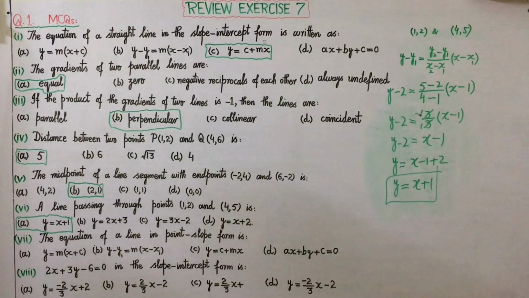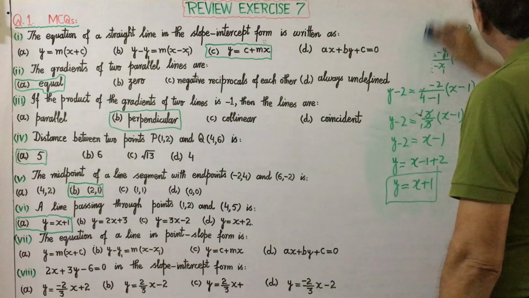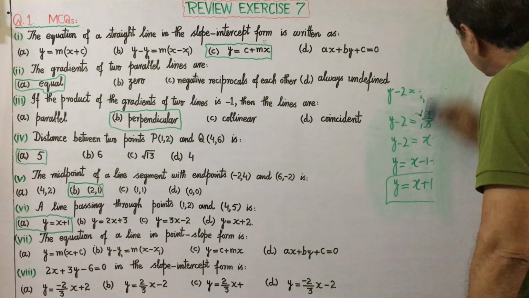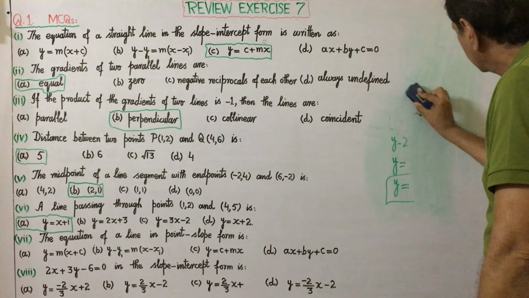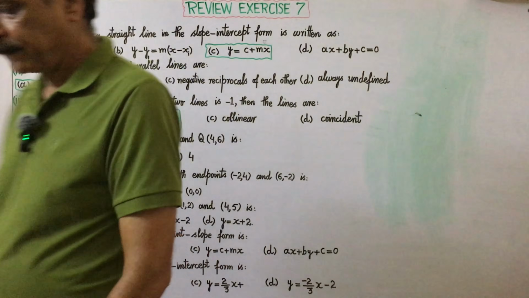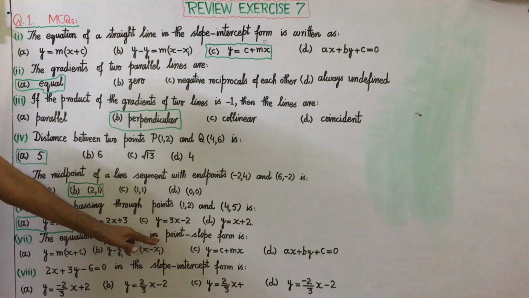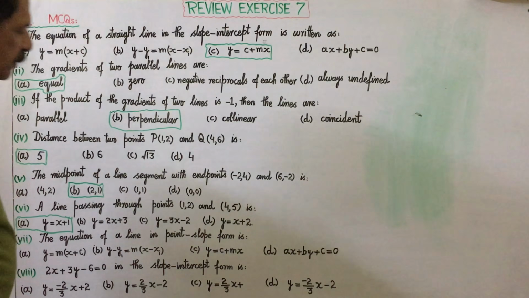Seventh MCQ is the equation of a line in point slope form is.